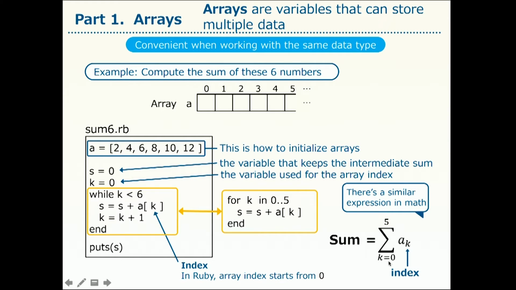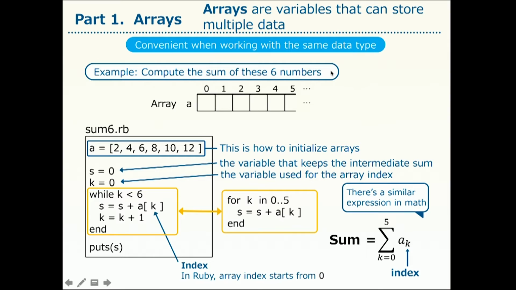By using the sum index, say k, we add A[k], that is the k-th element of the array A, and by this expression, we can compute the sum, which is really very similar to the for statement. So you can think of the for statement as a natural way to write this expression in the program.